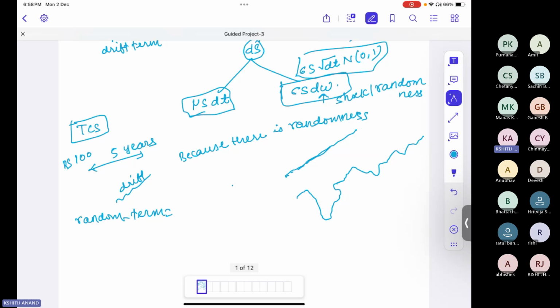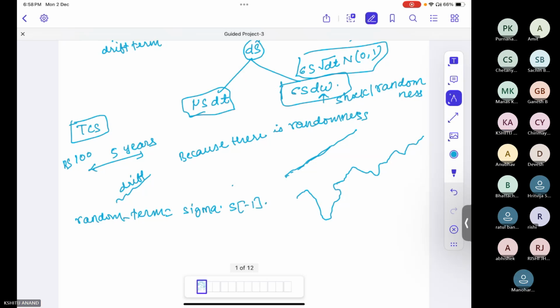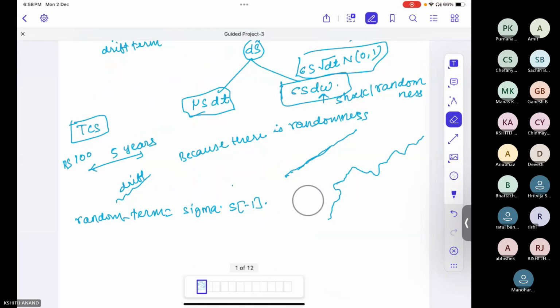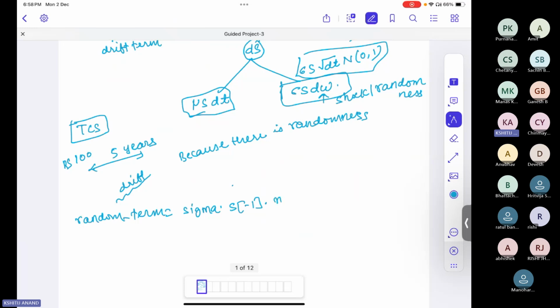Random term will be sigma into the last stock price, if you are taking the stock price in a path, into root dt, so a square root of dt, into np dot square root dt into a normal distribution of mean zero and variance of 1. So this is norm dot pdf, mean zero and variance of 1.